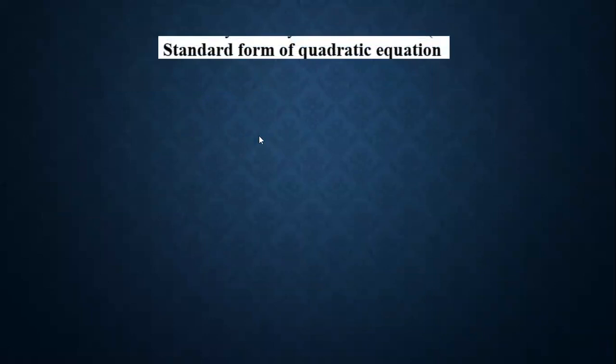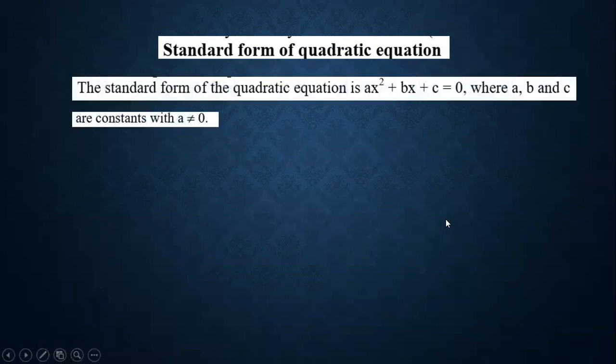Standard form of the quadratic equation. By standard form, we mean the form the quadratic equation must have. We have to compare all equations with this form: ax square plus bx plus c is equal to 0.